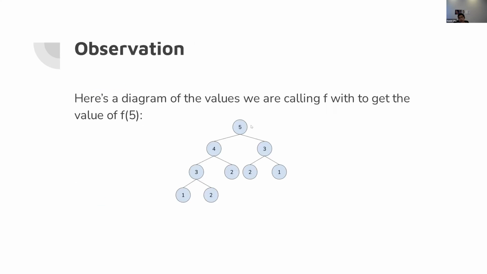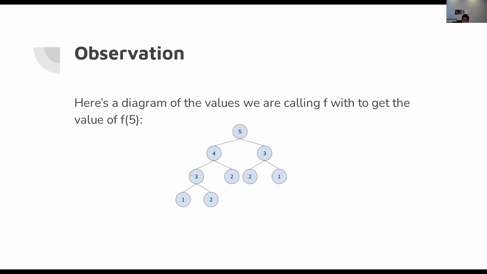So this is kind of what I just said, but when you try to get the value of f of 5, this is all the numbers that you're calling it with. So when you call f of 5, you need to know f of 4 and f of 3.